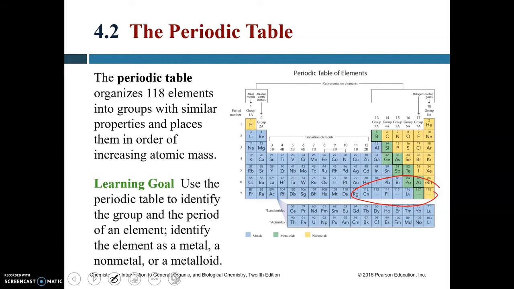Most importantly, increasing atomic number. So these numbers 1, 2, 3, 4, 5, and so on represent atomic number. And jumping a little bit ahead, we can say that atomic number corresponds to the number of positively charged protons in the nucleus of each element.